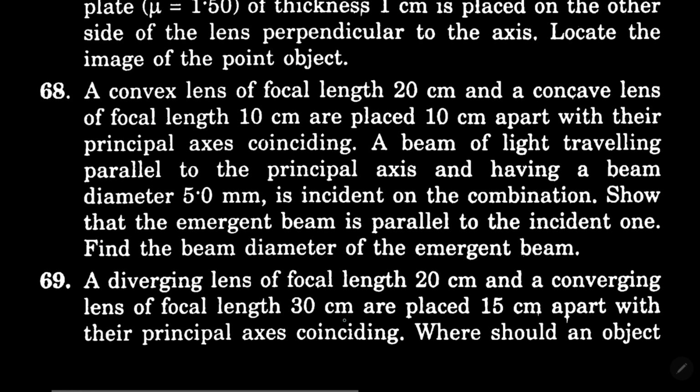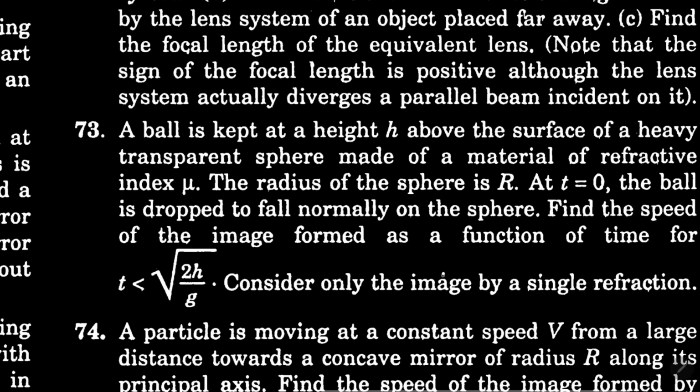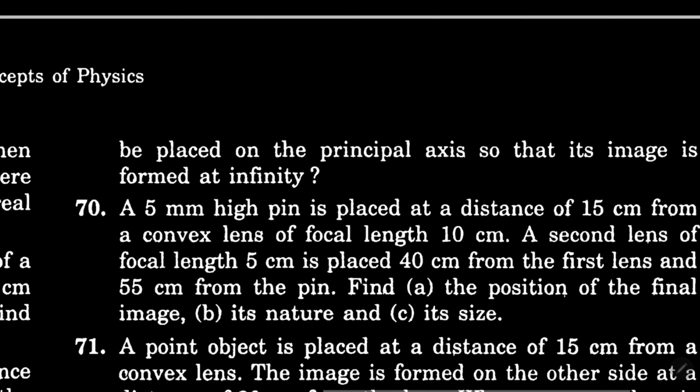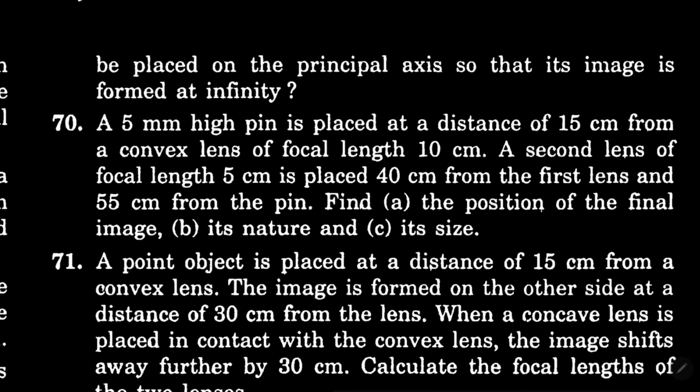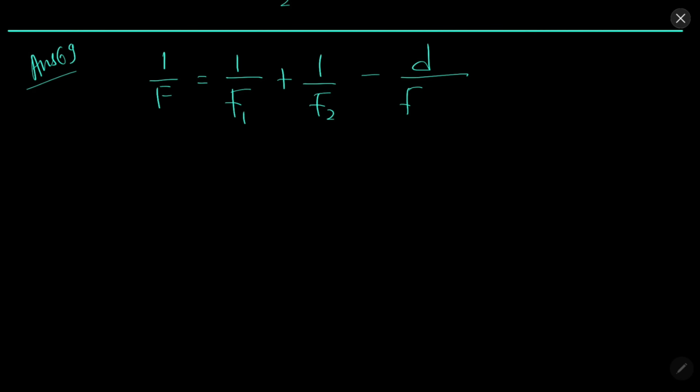In question 69, a diverging lens is there. Where should an object be placed on the principal axis so that its image is formed at infinity? Solution 69. So 1 by F equal to 1 by F1 plus 1 by F2 minus D over F1 F2.